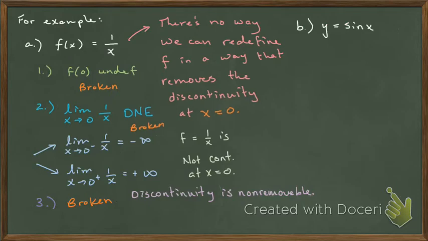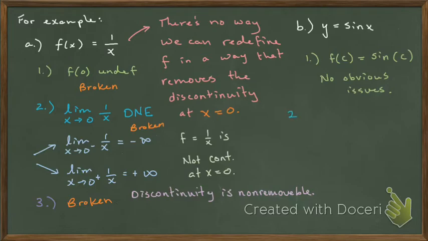Here's y equals sine of x. This function is rather nice. These criteria are going to seem a little goofy. The function value at c is just plugging in c, right? There's no obvious issues with plugging in any value. I'm not testing any point in particular because I can't think of any good ones to test.